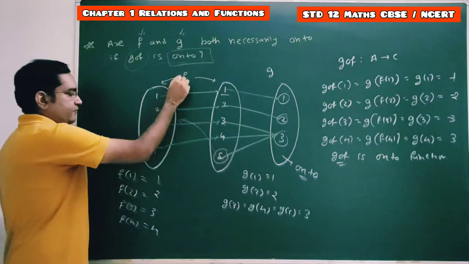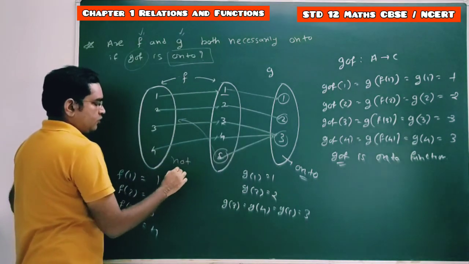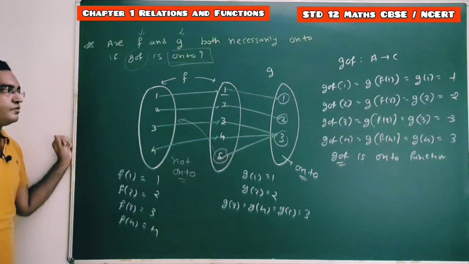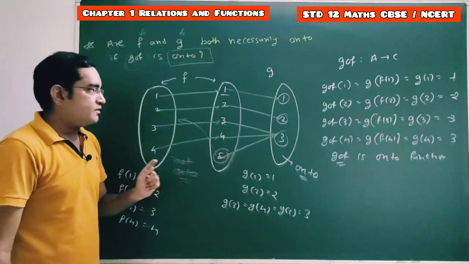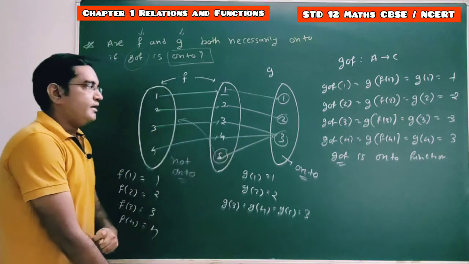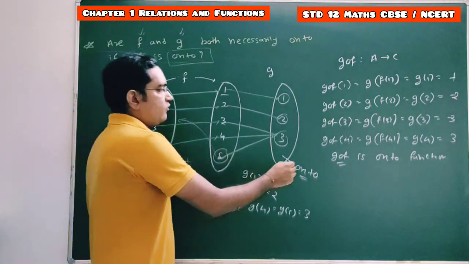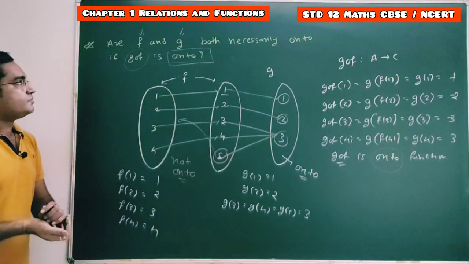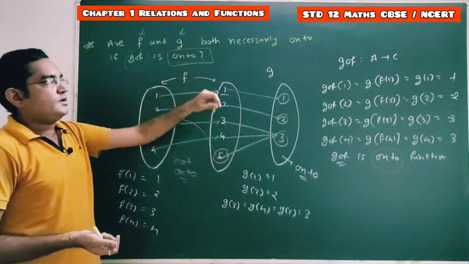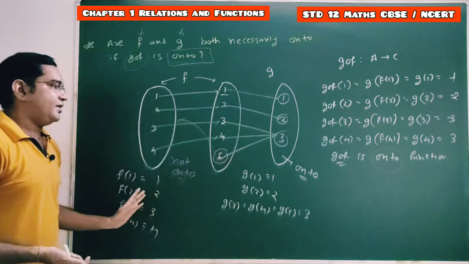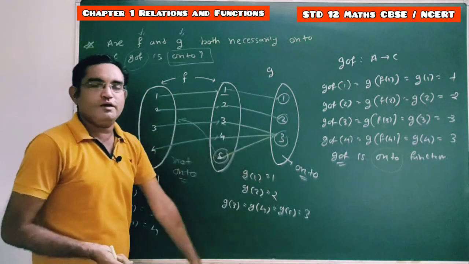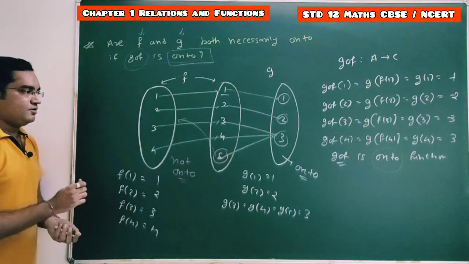So function f is not onto, function g is onto, and the composite function gof is also onto. Hence we can say f and g are not both necessarily required to be onto for the composition of the functions to be onto. Clear students?